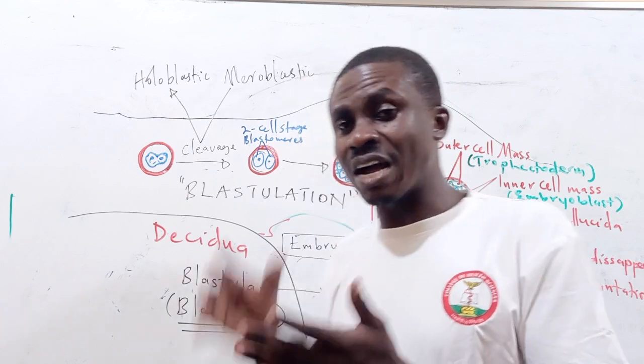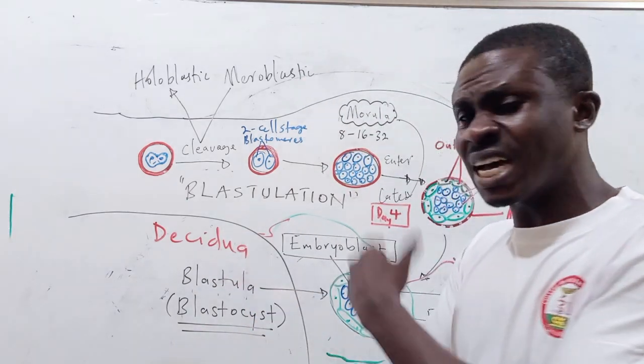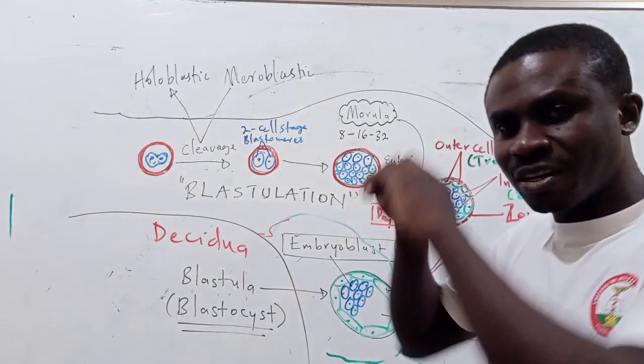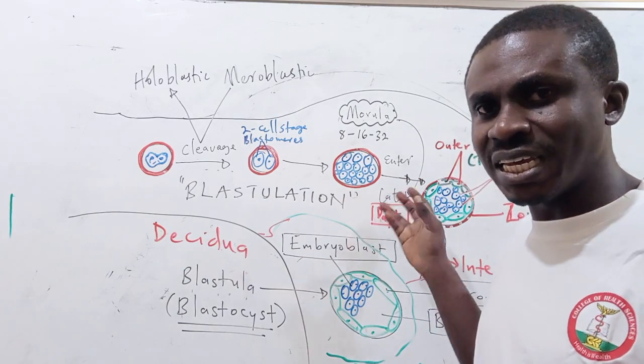Compaction forms a ball-like structure, which we call the morula. That's the early morula. Then later it becomes the late morula, where some of the cells are at the periphery, called the outer cell mass, and some cells inside, the inner cell mass.